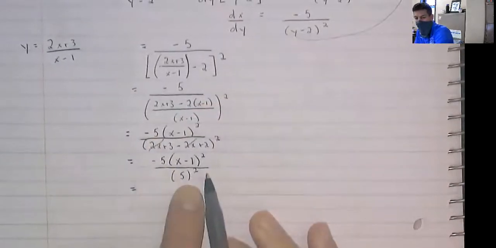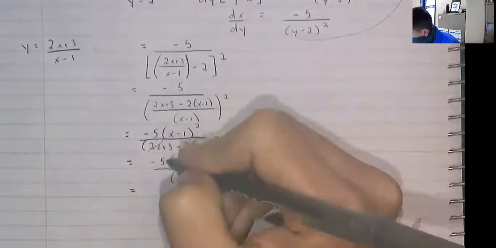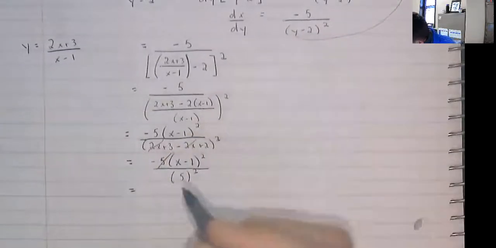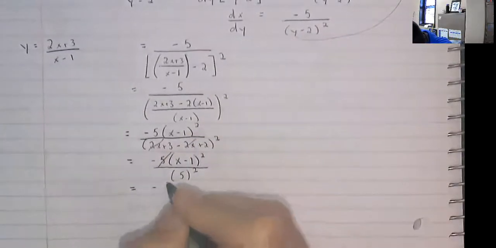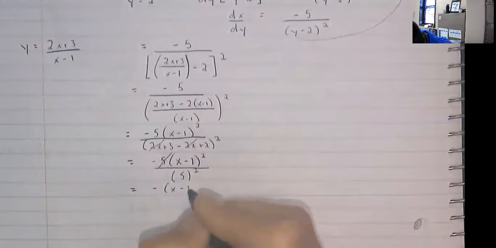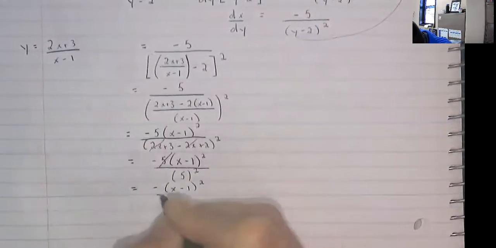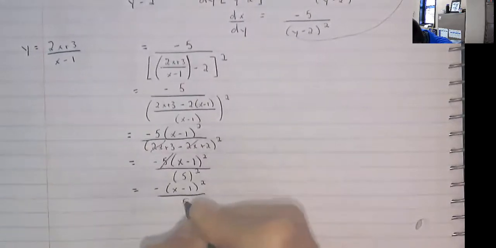5, 25. This 5 cancels. And what we're left with is negative (x minus 1) squared over 5.